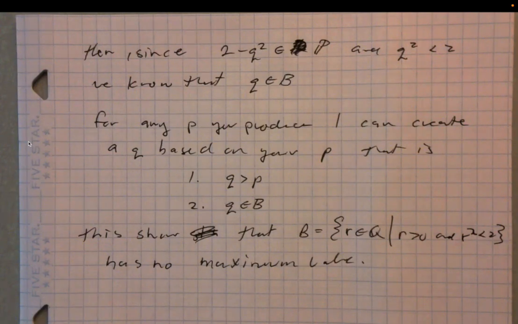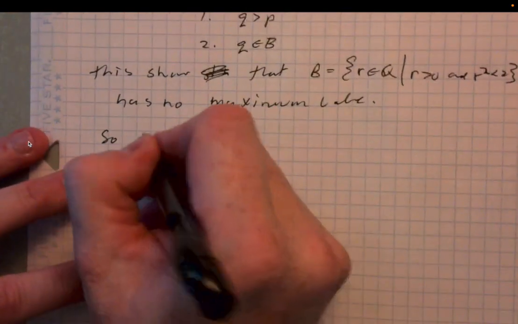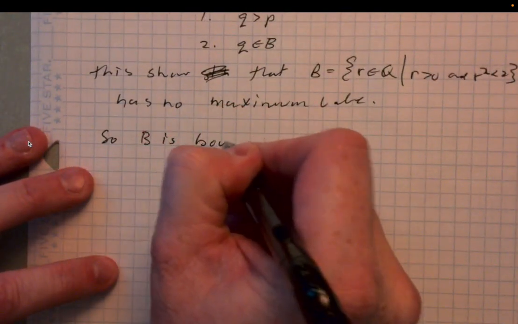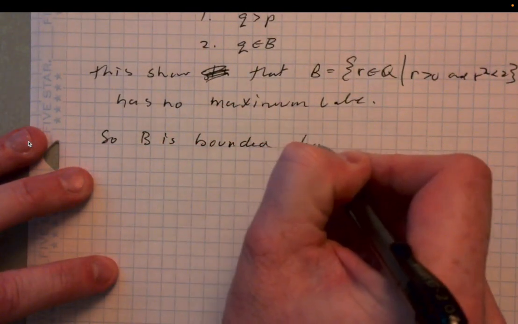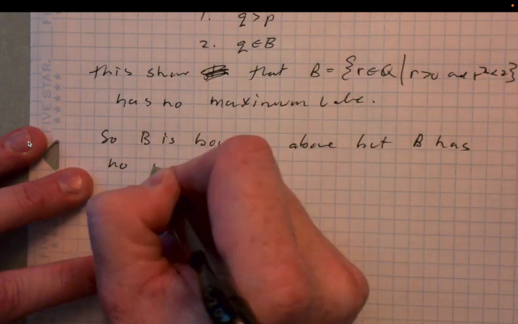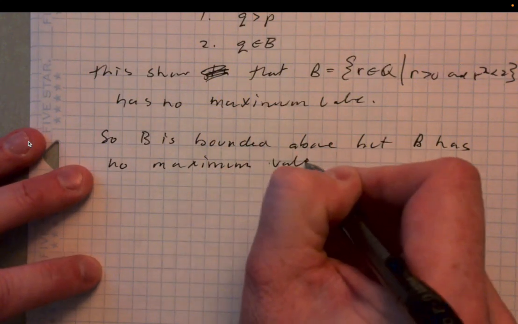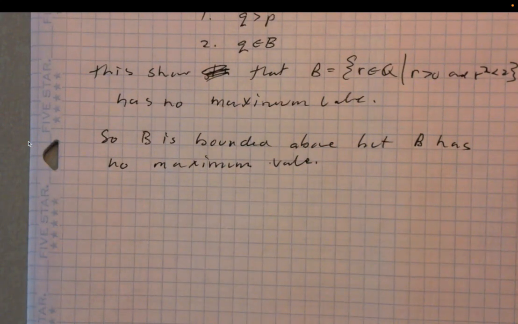Here we have a set B, and B is bounded above, but B has no maximum value. I can always find something in B that's bigger than whatever you think is the biggest value in B. This is an interesting concept.